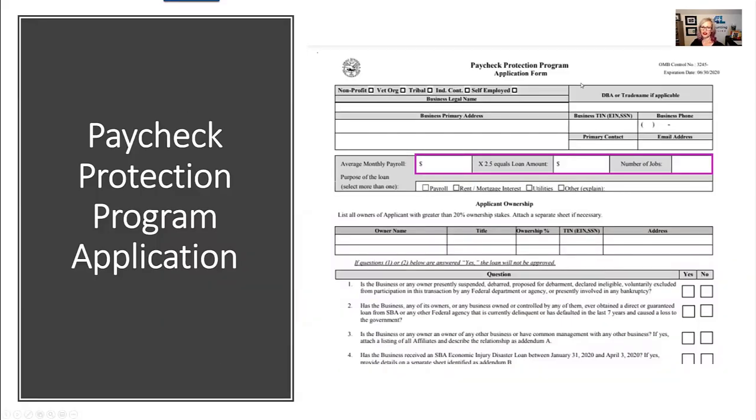So you fill out the form, you enter in your dollar amounts for the average times 2, the number of jobs over here. This is so that way they can come back later on and say, look how many jobs we saved. So this is an area that people are coming to me and saying, do you mean how many jobs, how many contracts I have going right now? No, it's how many heads do you have that are employed?